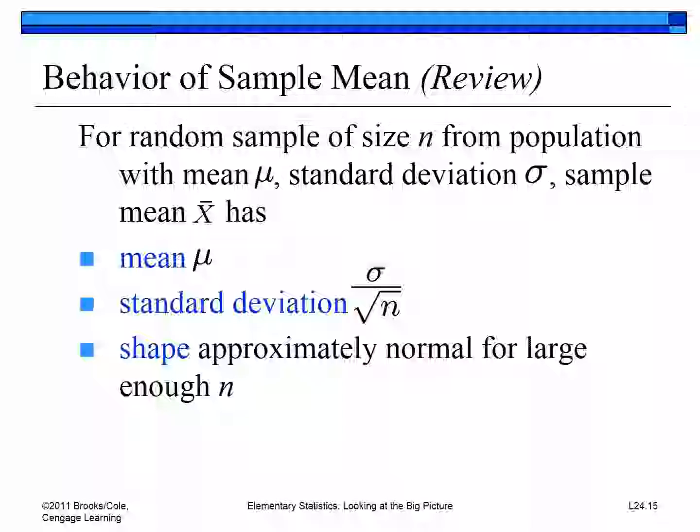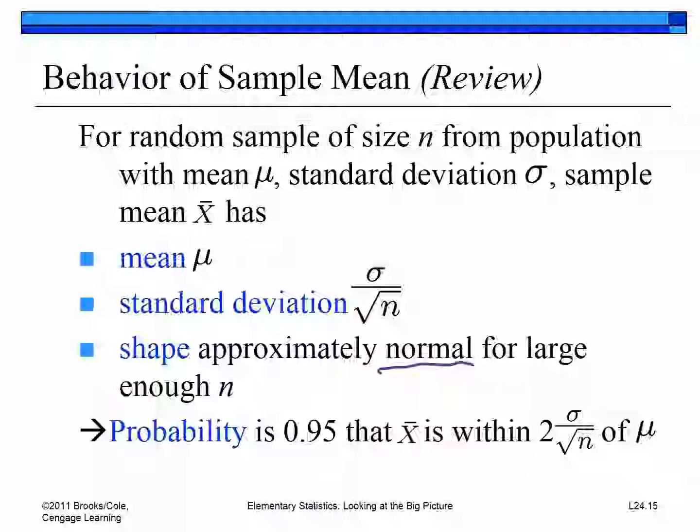Now, because that shape is normal, we can use the normal distribution. In particular, we know that there's a 95% chance that the sample mean is within 2 standard deviations for the sample mean of the population mean.